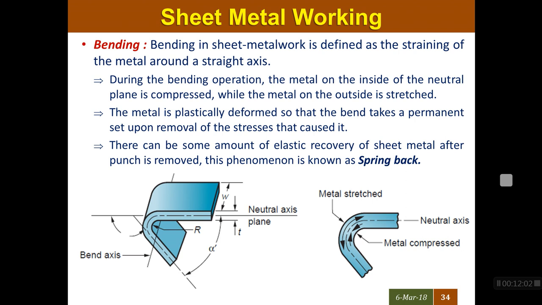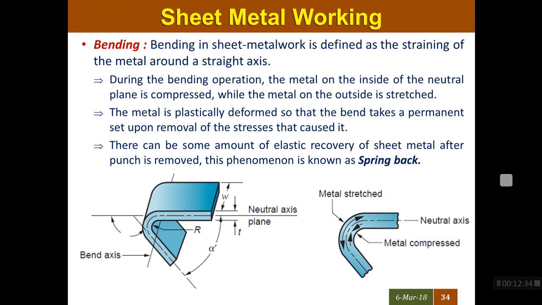In case of bending, the spring back effect takes place. What it means: in a punch and die, when we want a V shape, let us say a 40-degree angle, when we remove the punch, because of elastic energy recovered by the material, it slightly bends back, and that gives an unnecessarily increased angle of bending for the V bend.